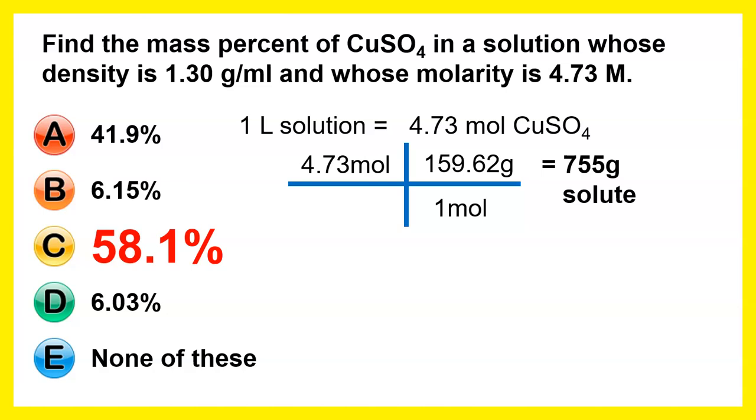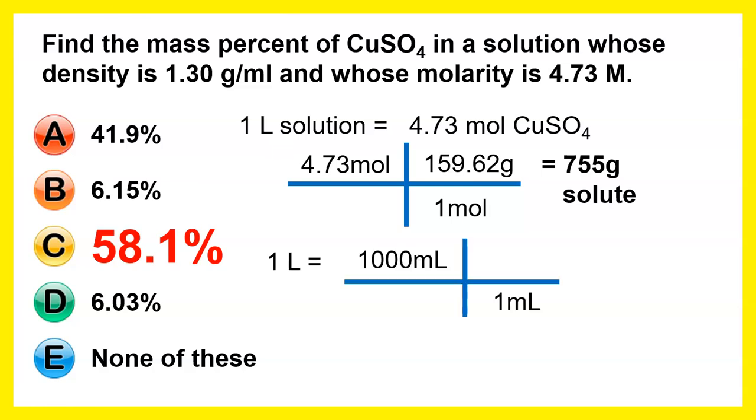Now I have to think about the grams of solution. It's not the grams of solvent, right? It's not a liter of water. It's a liter of water mixed with the copper sulfate. You notice they gave me the density of my solution. Well, if I have a liter of solution, I could take that and use my density to convert to grams.